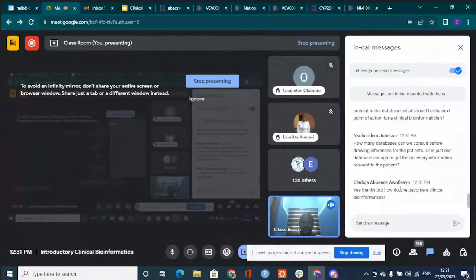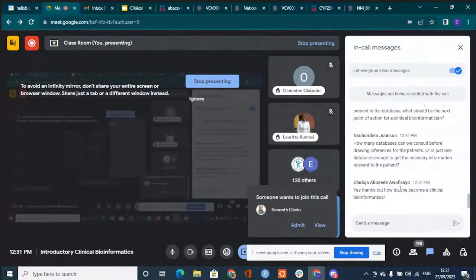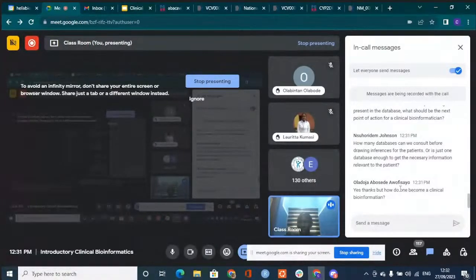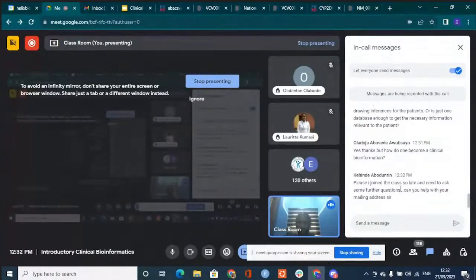But you need to consult maybe two or three databases that you see are going to point to what you are trying to achieve. So you need to consult multiple databases, depending on which databases are recognized where you are working. It still boils down to the clinical setting: the kind of database they are using and the level of trust they have for these databases.